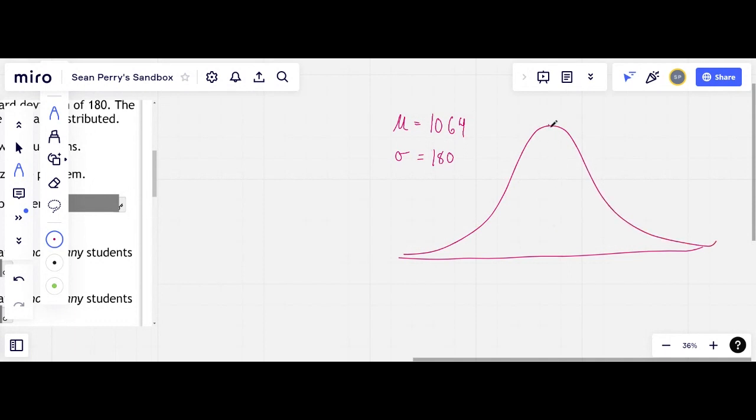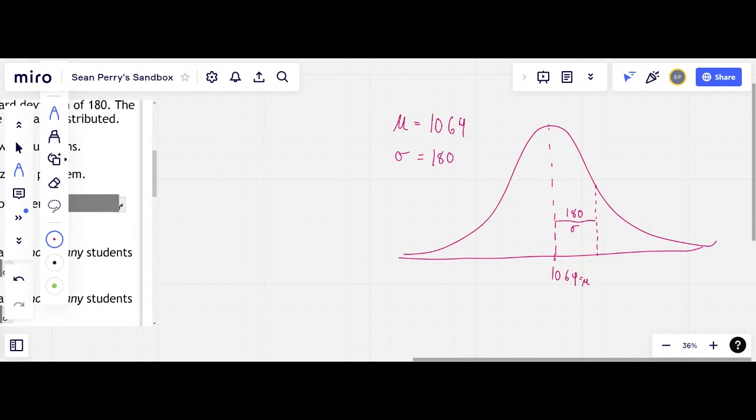And this bell curve is centered at 1064. And what we're going to be interested in is going up in some direction by 180. So this is our sigma, and this is our mean mu.